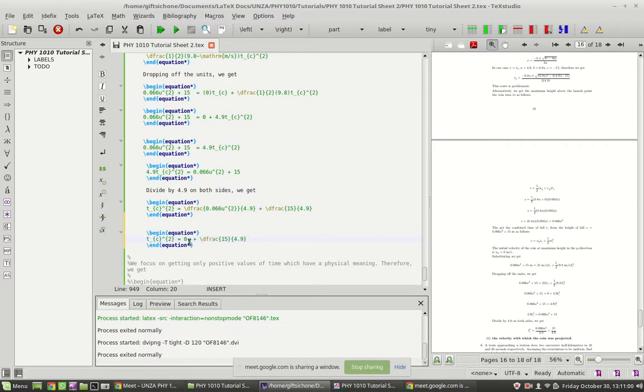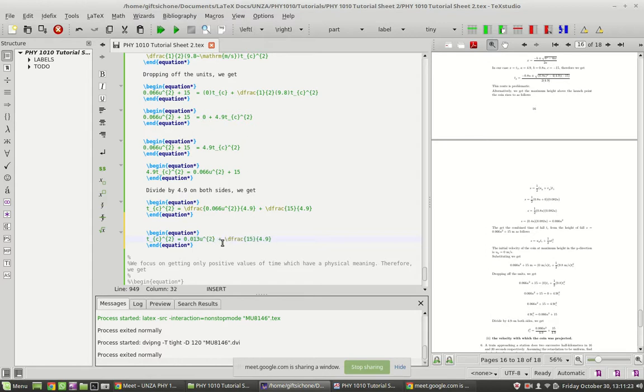0.066 divided by 4.9. Oh, okay, 0.013 u squared. Yes, sir.